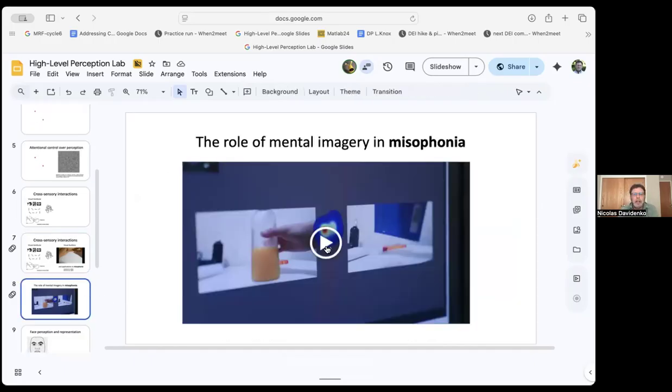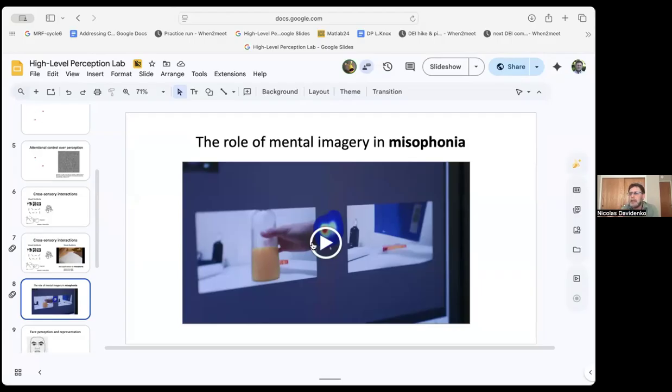So I do have a bit of a video of one of the ways we run these experiments in my lab. And so what you're going to see here is the point of view of a participant who's watching a set of videos, and as different sounds come up, they're instructed to either pay attention to the image or to the video on the left or the video on the right, which provides different sources for that sound.